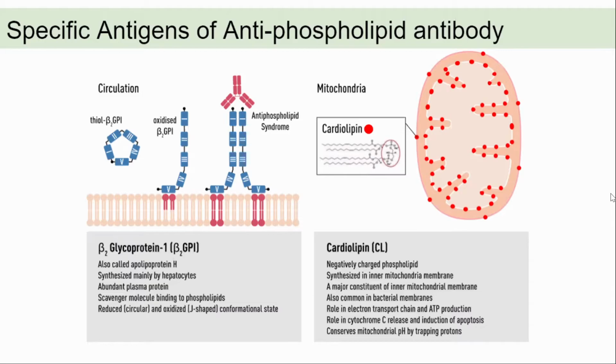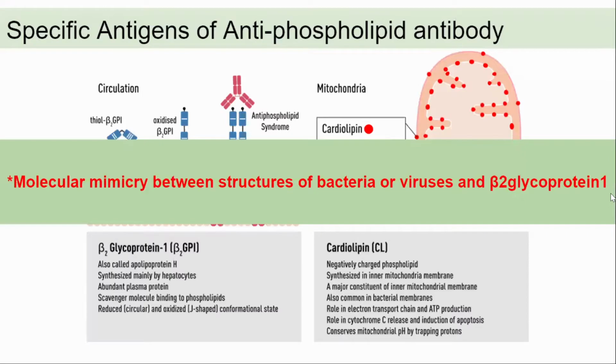But if there is a second hit or trigger that pushes the hemostatic balance toward thrombosis, it might increase production of antiphospholipid antibody specific to beta-2 glycoprotein. The second hit can include infections, inflammations, or pregnancy. Moreover, molecular mimicry between the structure of bacteria or viruses and beta-2 glycoprotein can also induce the antiphospholipid antibody.